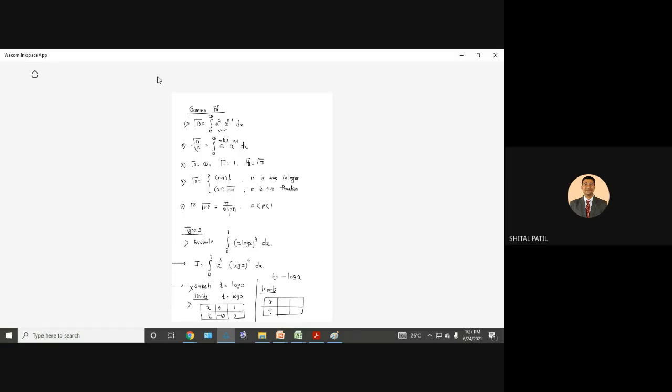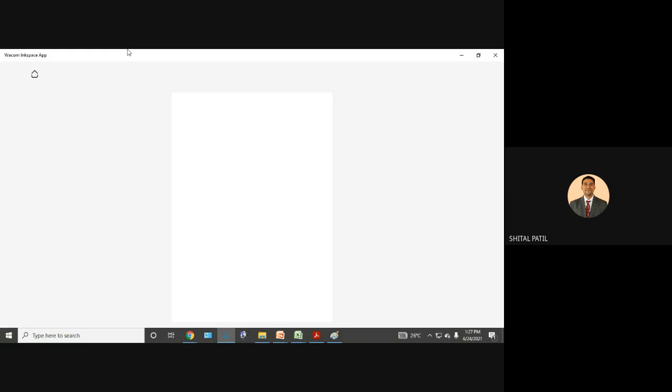Log of 0 is minus infinity, but already a minus sign is there, so minus minus gives plus infinity. Log of 1 is 0; whether it is 0 or minus 0 doesn't matter. Okay, so we are getting the limits. Let me change the page and see what happens when t equals minus log x.